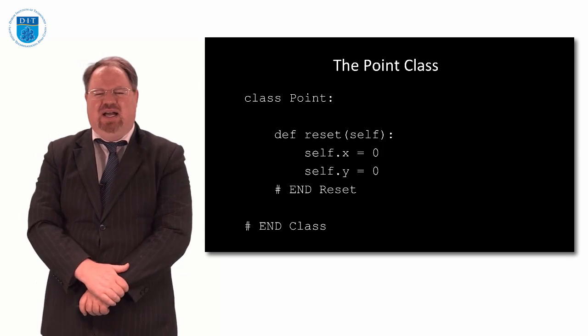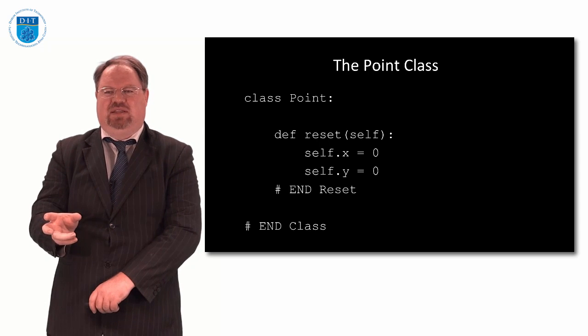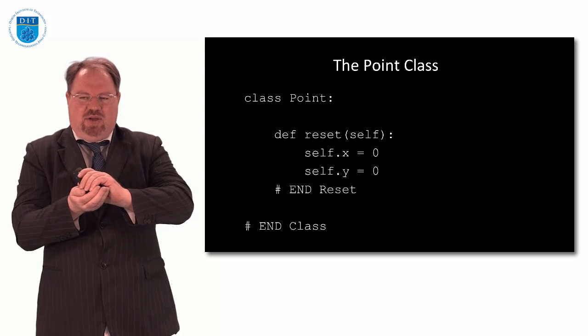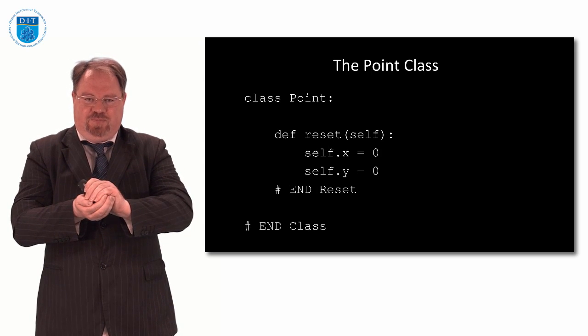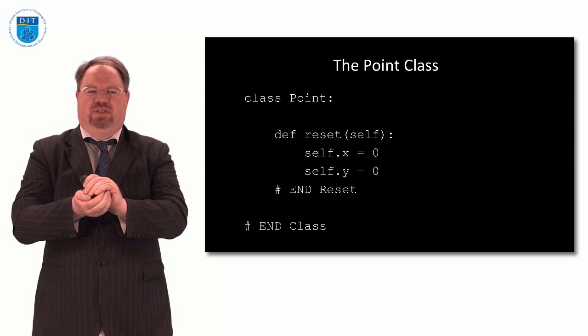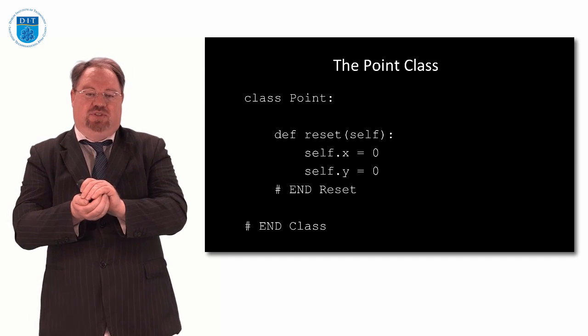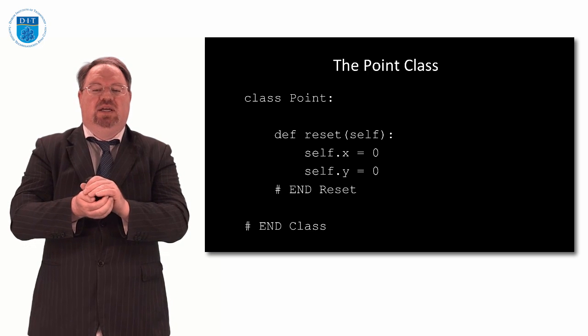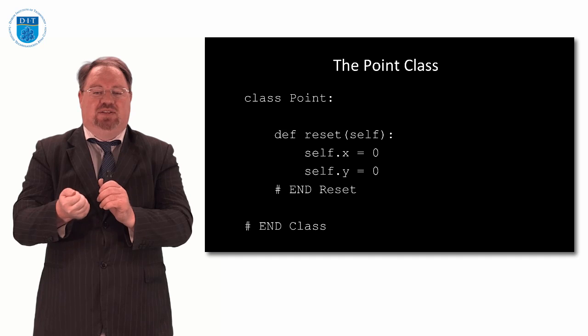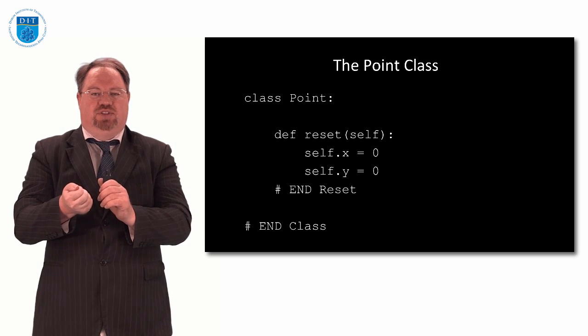Again, just to be tidy, I've added in end reset method and end the class. Just to think about this again, we've got an object like a ball. Inside it, we've got methods and attributes. The attributes of the point object in this case are x and y, two values like the xy coordinates in coordinate geometry.